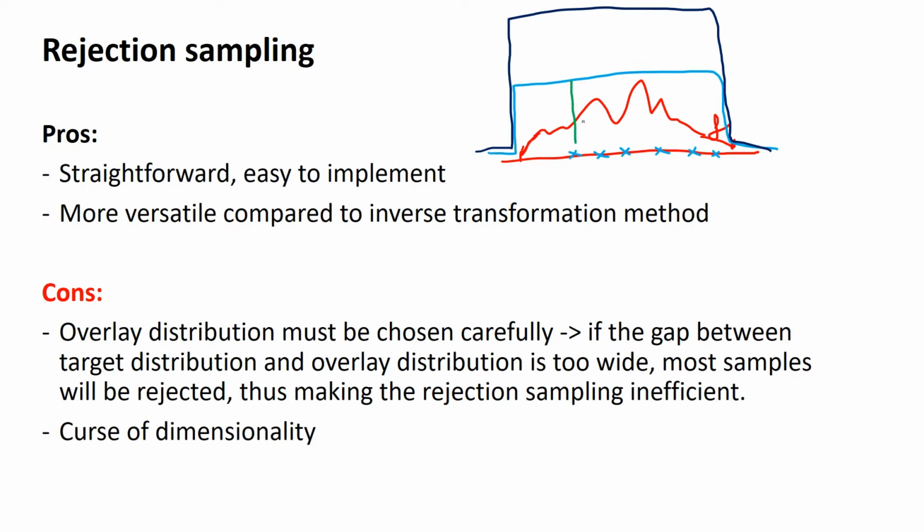Then if we draw the line, so we draw this, and this, and this. Now each of these lines has, let's say, a decent probability that we will accept the sample, right? Let's say that 1/3 of the green line is above the red line, and 2/3 of the green line is below the red line.